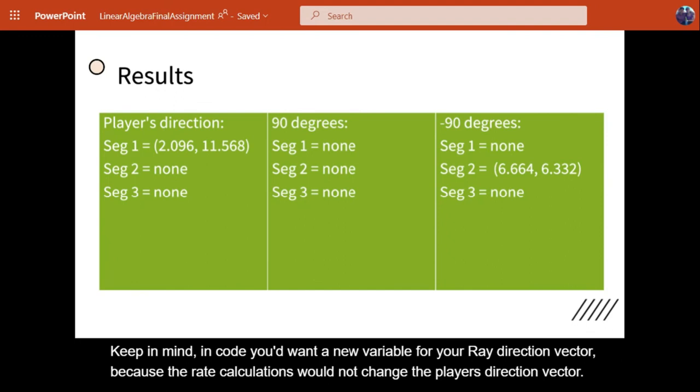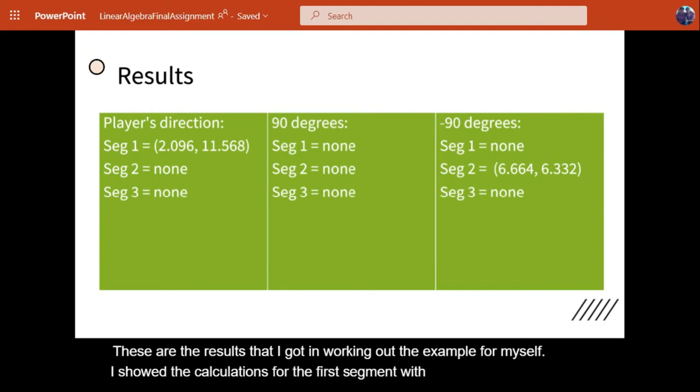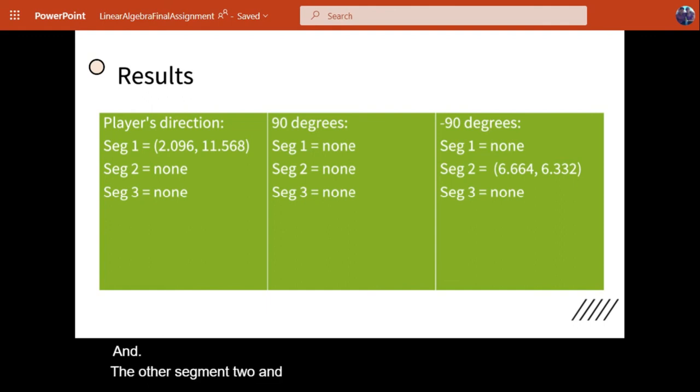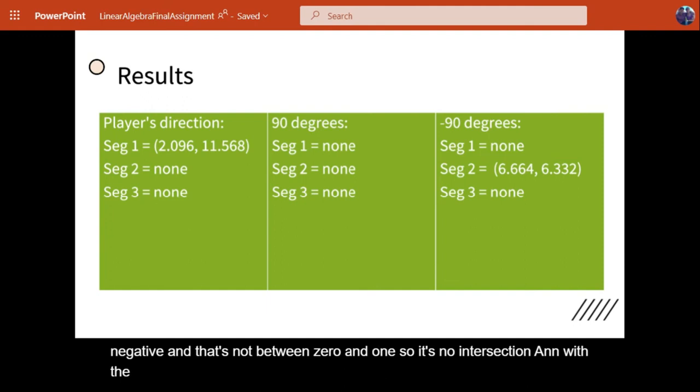These are the results that I got in working out the example for myself. I showed the calculations for the first segment with the first ray, and we got a point at approximately 2,12, and segments 2 and 3 were no intersection because t was negative, and that's not between 0 and 1. And with the 90-degree rotation, none of them had intersections.